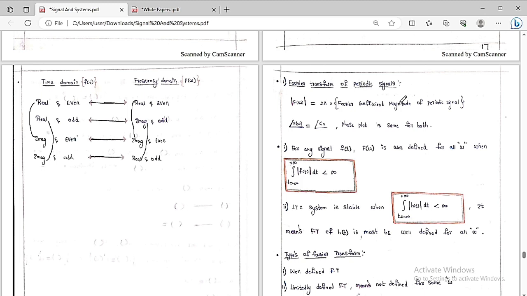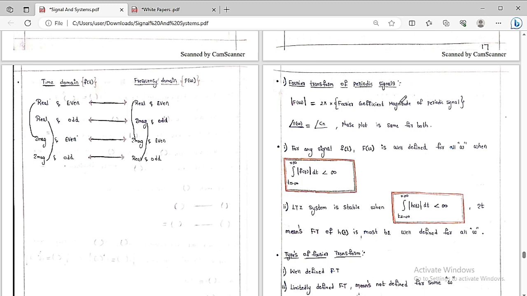So finally, if you want to apply the Fourier transform to periodic signals, then the magnitude of f of omega is equal to 2 pi into the magnitude of the Fourier series coefficient.